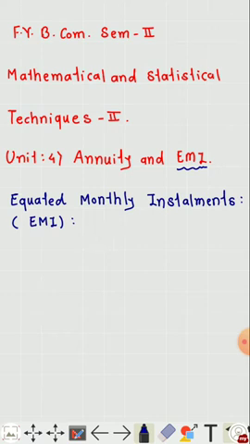Suppose a person has borrowed some money in cash or kind, which he has to return with interest in a stipulated time in equal monthly installments. Our job is to find the size of his equal monthly installments.